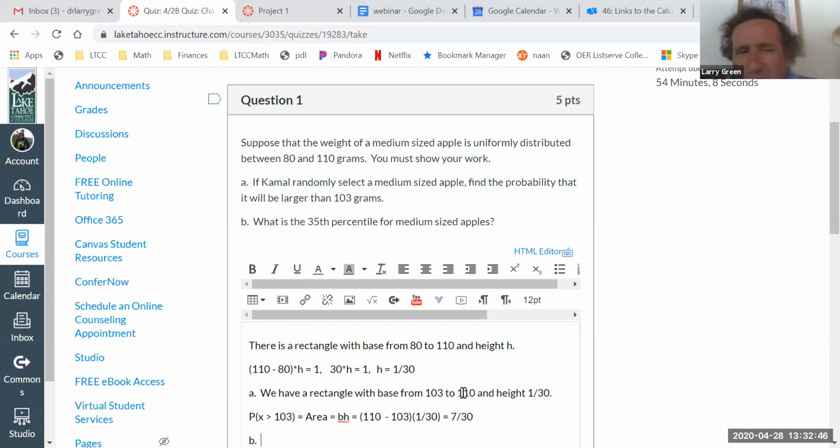What does it mean to say 35th percentile? Hopefully you can all type it in. So what does it mean to say 35th percentile?